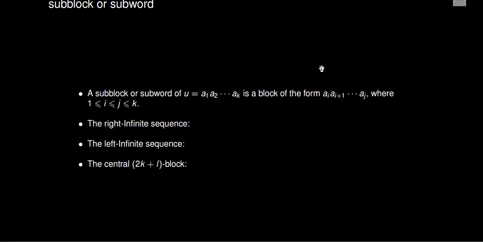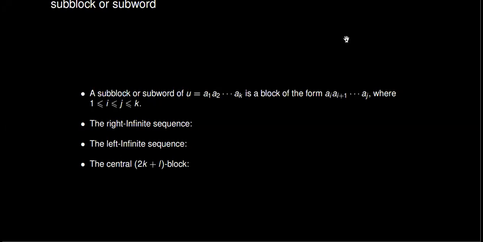Okay, right now we want to talk about subwords or sub-blocks. A sub-block or subword of U is a block of the form A1, A2, up to AK.